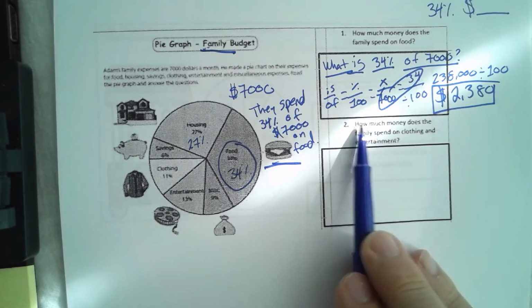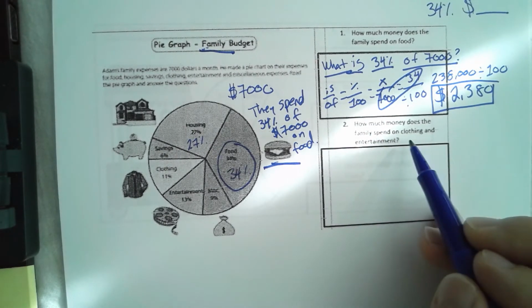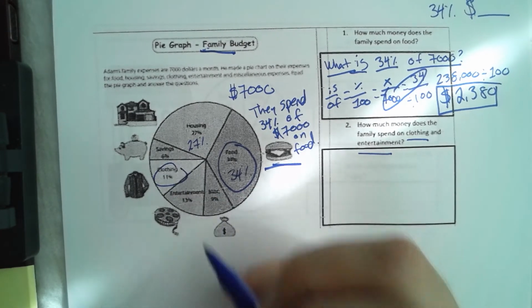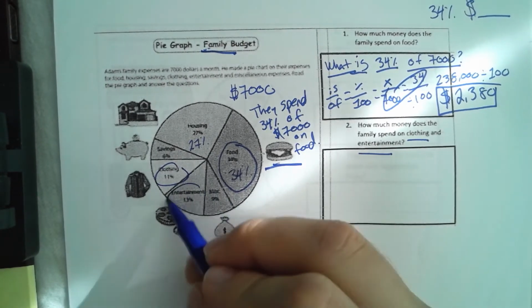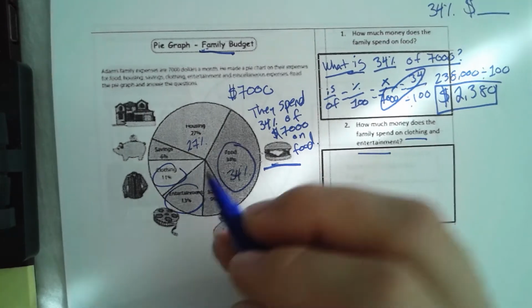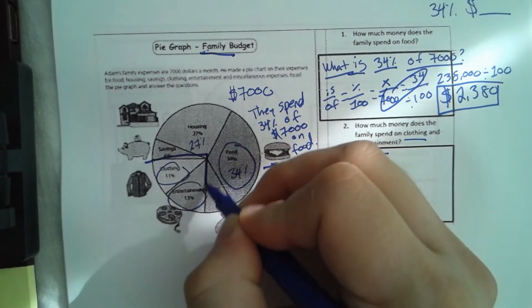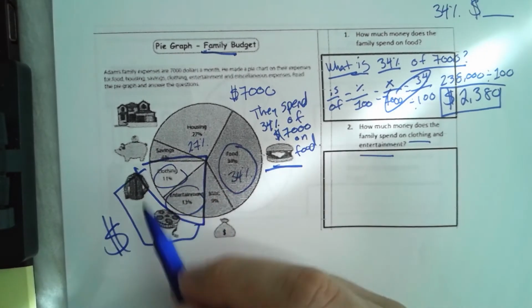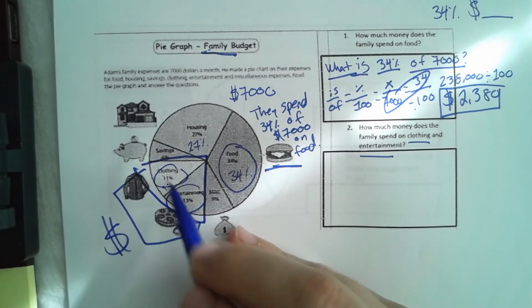Now let's see, how much money does the family spend on clothing and entertainment? Clothing is 11%, entertainment is 13%. So I need to figure out how much money they spend on these two things.